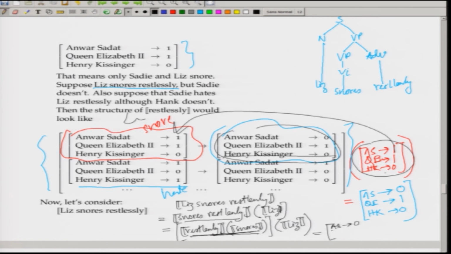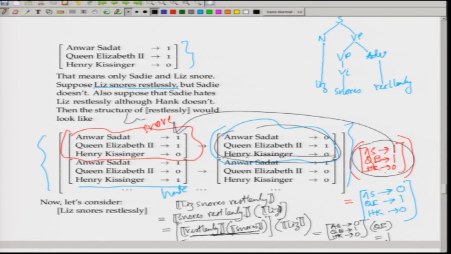AS goes to 0 and QE goes to 1 and HK goes to 0 anyway. Then that function takes Liz, the denotation of Liz, which is actually QE, and the result is 1. This was the desired result.